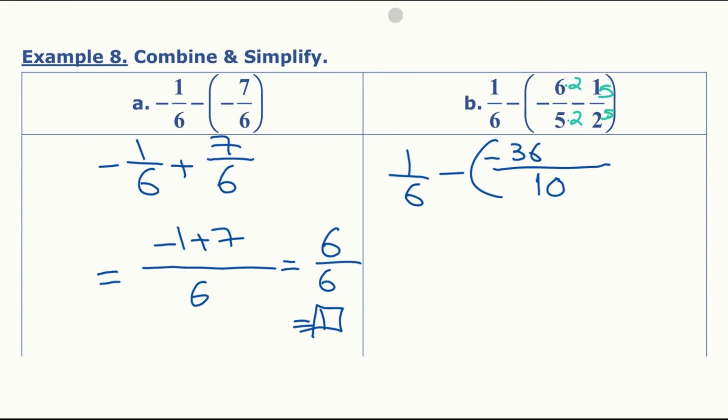Oops, I squared it, didn't I? This happens, but you gotta be alert, you'll catch it right away. So that's -12 minus 1 times 5 is just 5, and that's going to be 1/6 minus, that's -17/10.